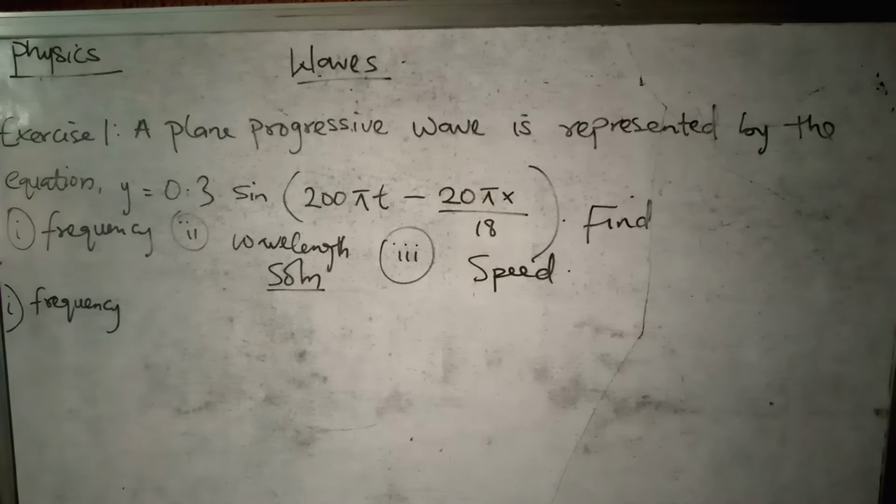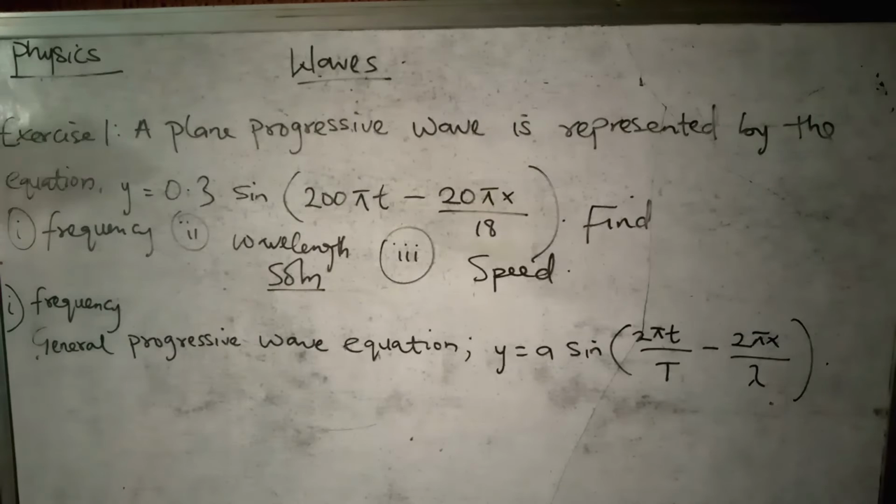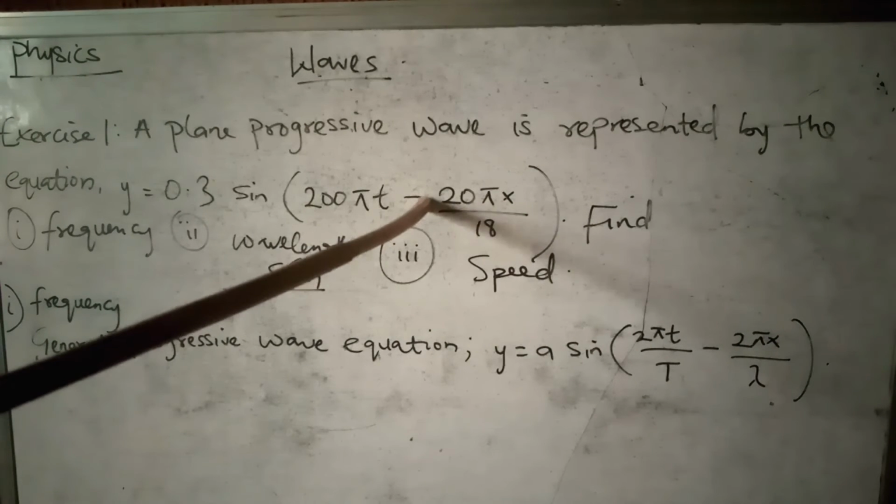Now to start solving, I am going to write down the general progressive wave equation. This is the general progressive wave equation. We are going to be comparing this equation to the one given in the question.